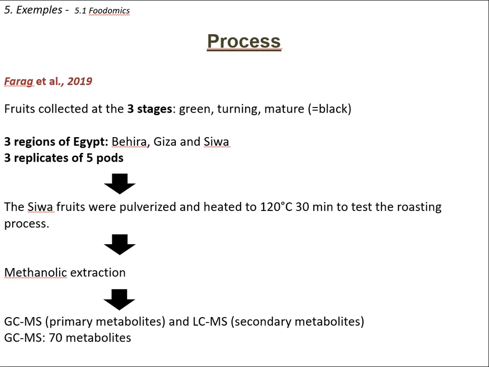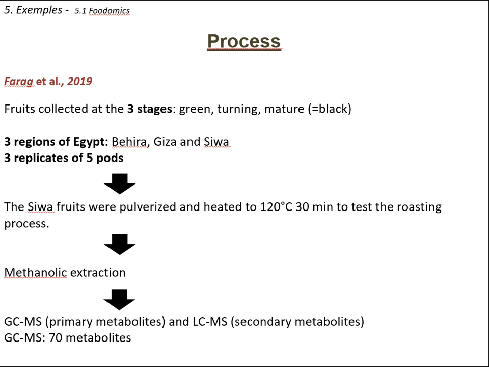So the fruits were collected at three stages: green, turning, and mature, which is black, in three regions of Egypt: Bahira, Giza, and Siwa, and three replicates of five pods were taken. The Siwa fruits were pulverized and heated to 120 degrees for 30 minutes to simulate a roasting process, which can be done in industry.